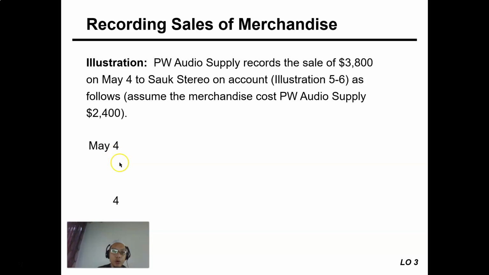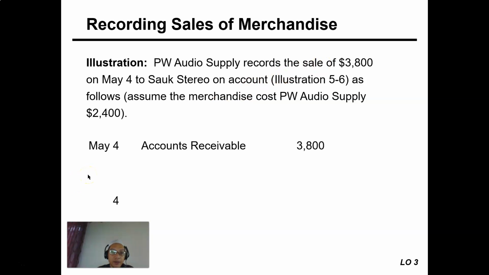So on May 4, there are two sets of transactions that need to be recorded. One is the sale transaction, and the other is the cost of goods sold transaction. All coming from the same sale, two types of recordings for the same transaction.